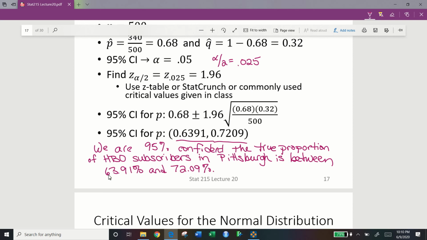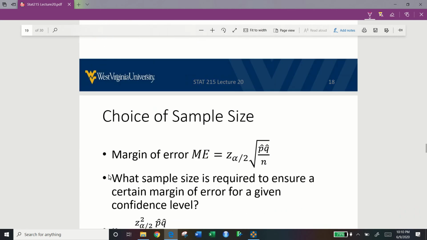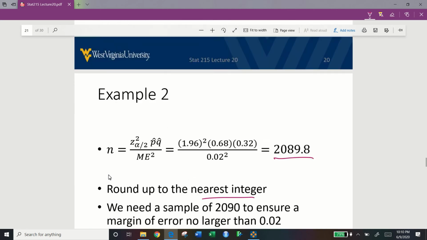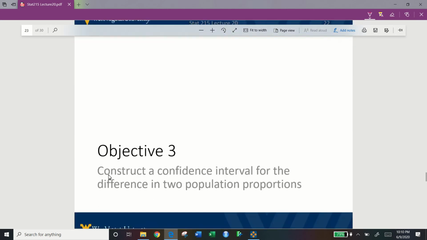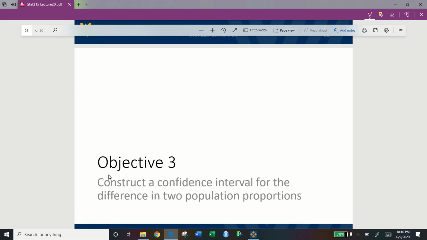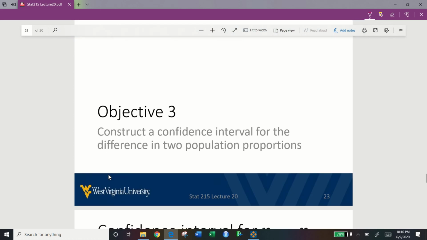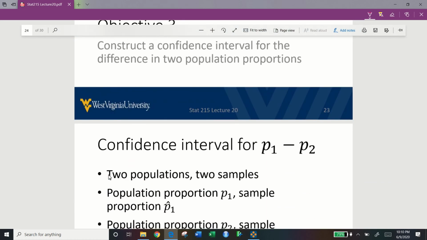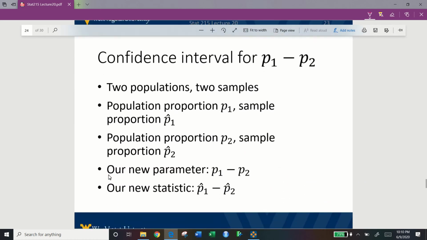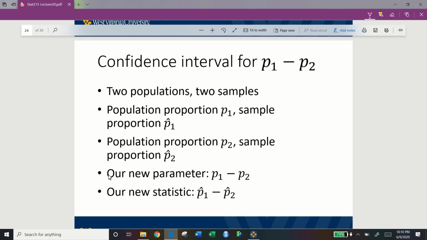Okay, now we can go ahead and move on to our third objective. That is constructing a confidence interval for the difference in two population proportions. If you recall, when we did a confidence interval for two means, we had two samples, two populations. The same thing is going to be true in this case.